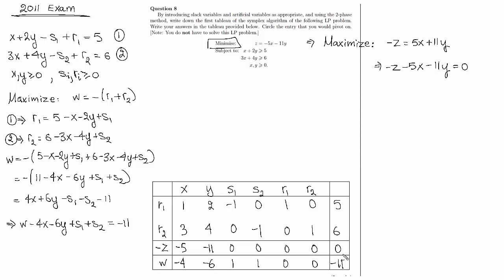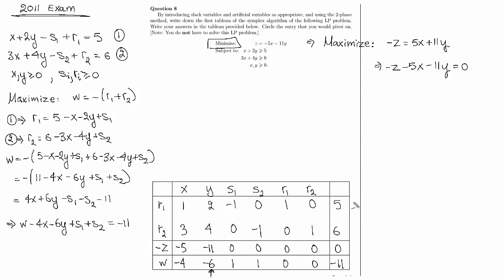Now we choose the entry that we would pivot on as we did before in the simplex algorithm. So we will go to the biggest negative entry in the W row, which is minus 6 for us. The entry that we would pivot on will be in this column.